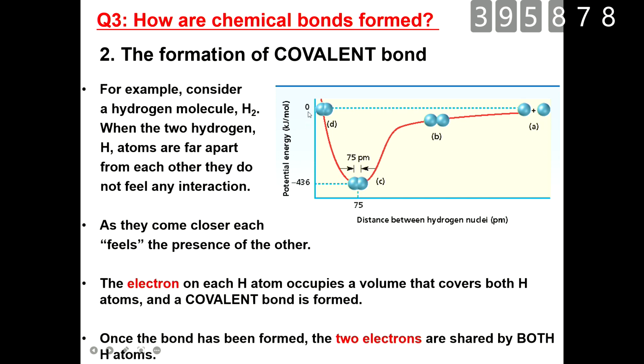Energy means if the two-hydrogen system has low energy, they are stable. If they have higher energy, they are not stable. For example, if they are spread very far apart, their energy is zero.